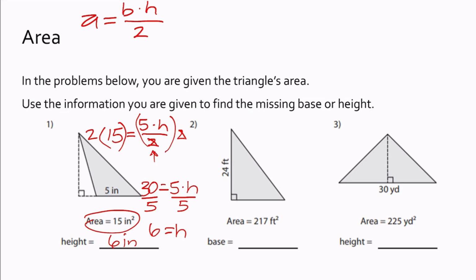Pause this video and give these next two a try. All right, so I have 217 equals 24 times the base divided by 2. So again, I'm multiplying both sides by 2. So I have 217 times 2 is 434 equals 24b.